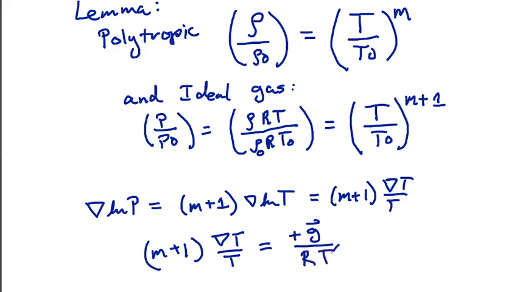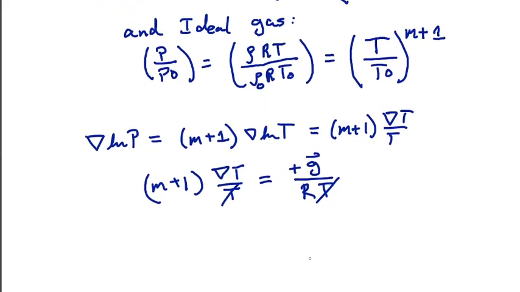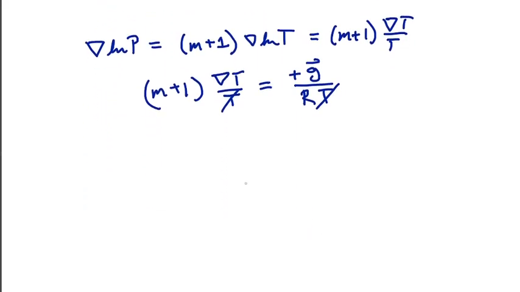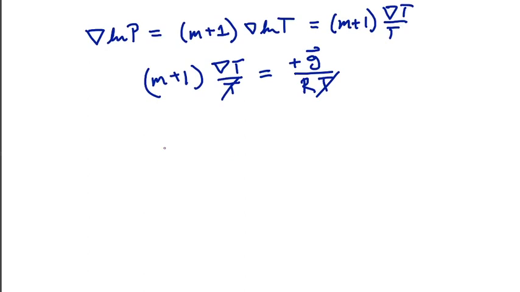We can cancel the T in the denominator from both sides, and we get the hydrostatic balance for a polytropic ideal gas.